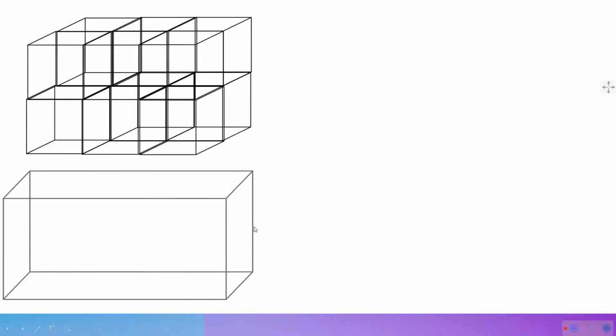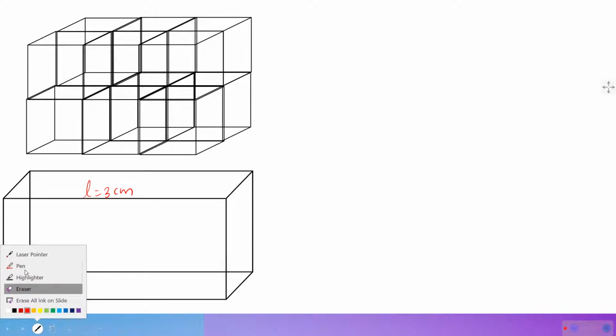If I convert that into a real cuboid, it may look like this. Is it not? And I will write the length over here as 3 centimeter, breadth over here as 1 centimeter, height over here as 2 centimeter. I derived it from here. Understood?